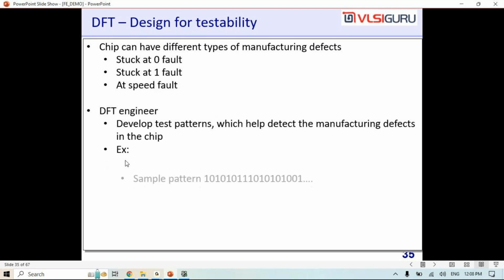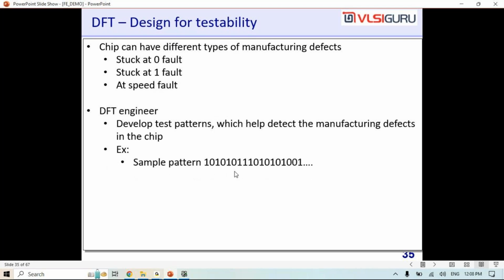For example, a sample test pattern is like this. Some random number, let's say 1010. If you ask how he came up with that number, he has some techniques. A DFT engineer uses techniques called scan, built-in self-test, boundary scan, JTAG. Through that he comes up with these numbers. It's not that he randomly decides, okay, 1, next 0, next 1.